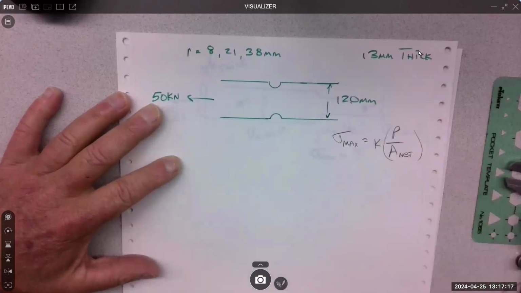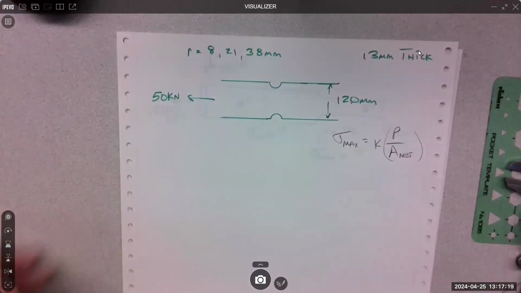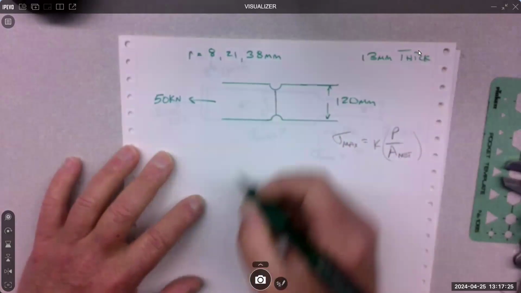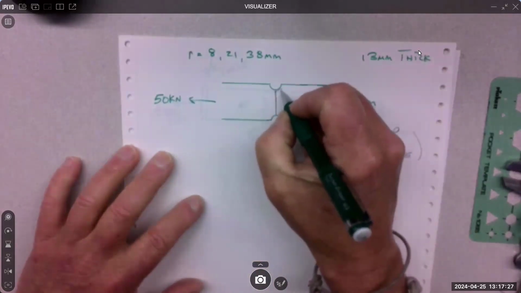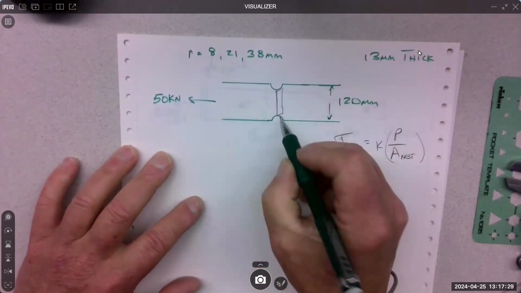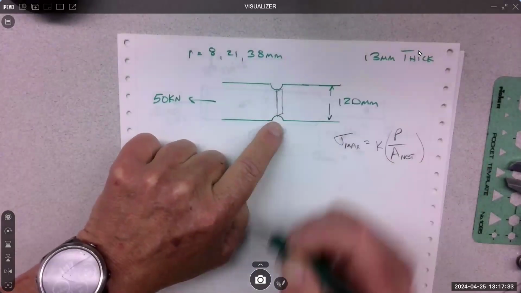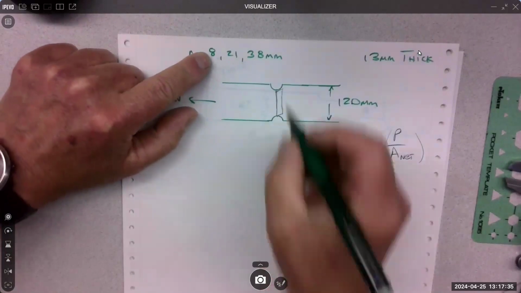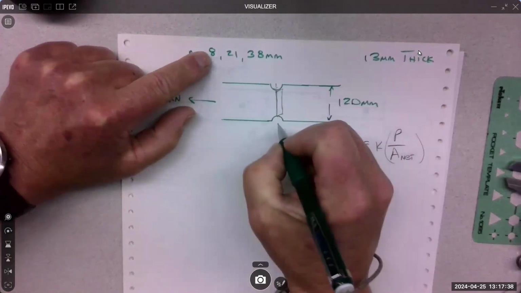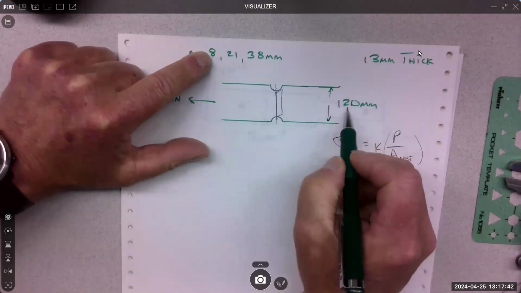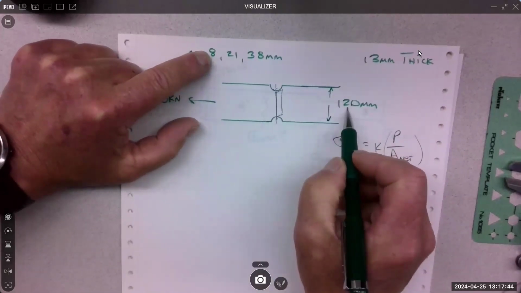What is area net? Area left after the hole. Yep, so it's this area right across here. If I draw it three-dimensionally, it looks like this, where it's 13 millimeters thick. And then whatever this reduced area is, in the first case, the radius is 8. So that's the radius and that's the radius. So it's 16 less than 120, right?